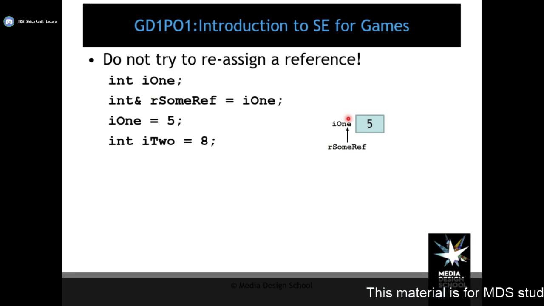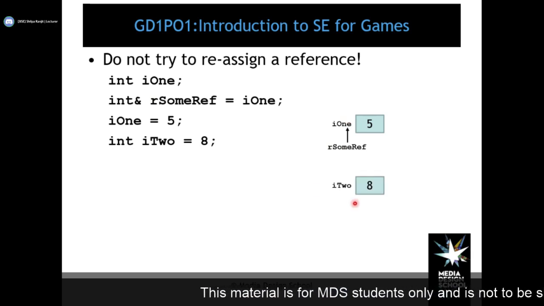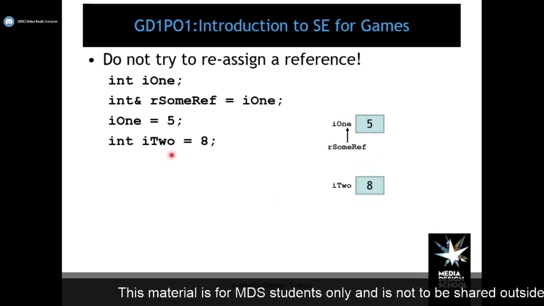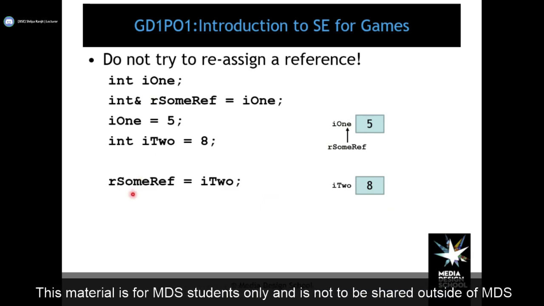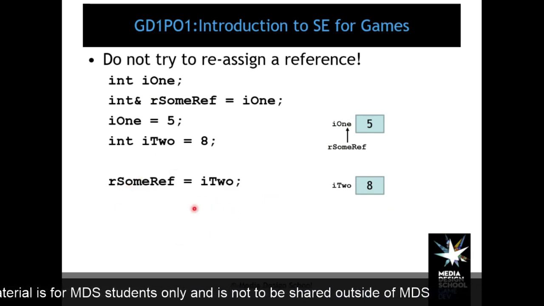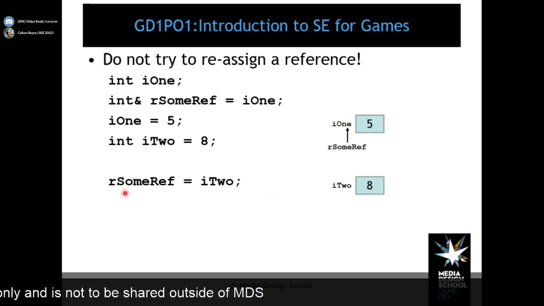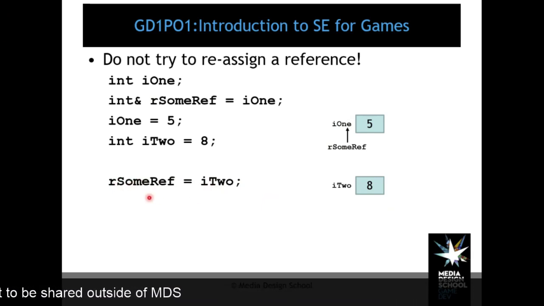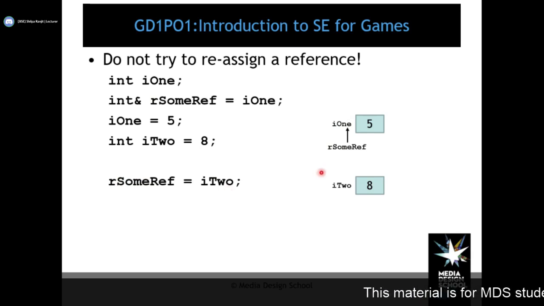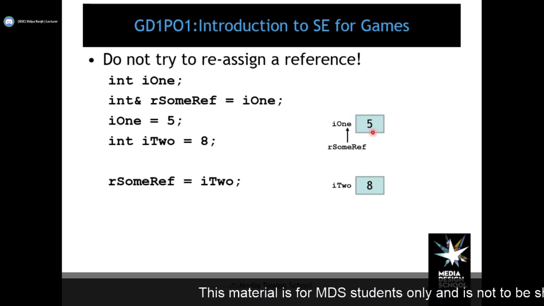And then there's another variable called I2, which is 8. And now what I'm saying is rsumref is equal to I2. What do you think happens in this case? When I say rsumref is equal to I2, does it try and change what is in I1? Yes, that's what happens. So it tries to change the value that is there in I1, if that's what you said.